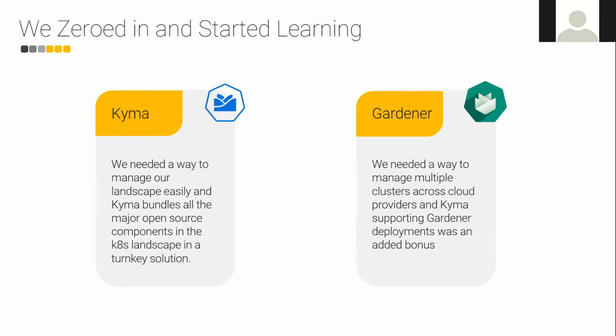We need to handle our deployment across clusters. And from Kyma themselves, we came to learn about Gardener, that Kyma supports deploying on Gardener natively. And so we decided that okay, next we need to look at what Gardener is and what Gardener provides.